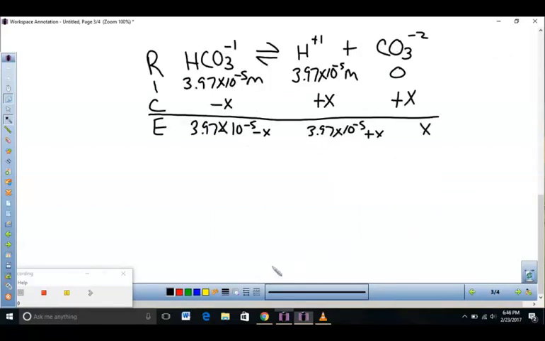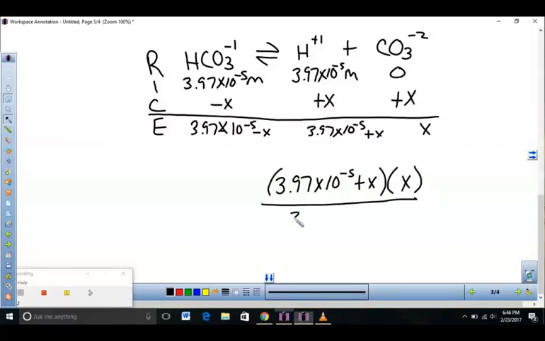It's getting really pretty now. So on the top we get 3.97 times 10 to the negative 5th plus x, times x, divided by 3.97 times 10 to the negative 5th minus x.